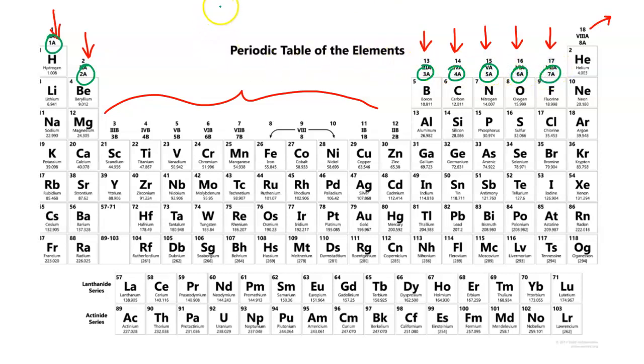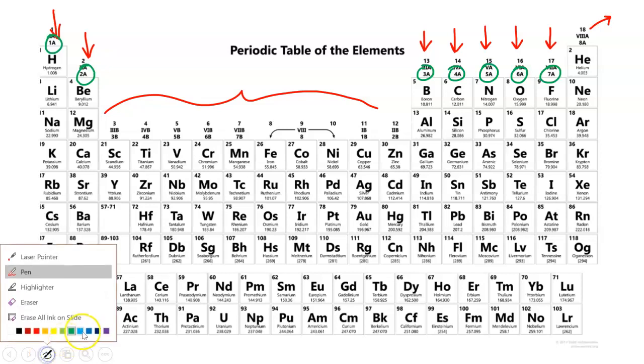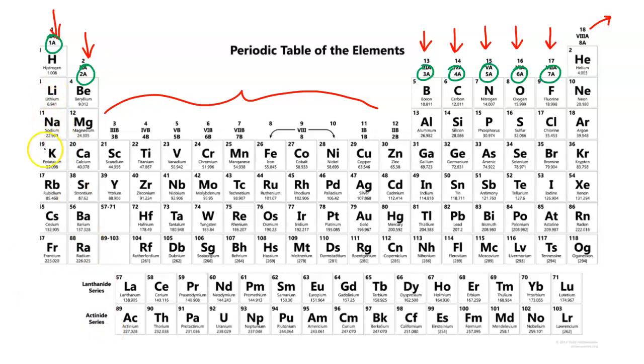What that means is that your group numbers are equivalent to your actual valence electrons. So if we're talking about hydrogen, it's in group 1, so how many valence electrons does it have? 1. And if we're talking about fluorine, what group number is it in? It's in 7, which means it has 7 valence electrons. That's how I'm adding up to see how many I actually need.